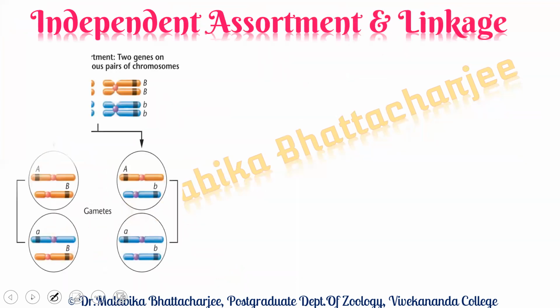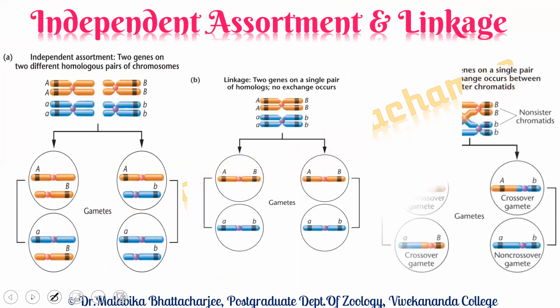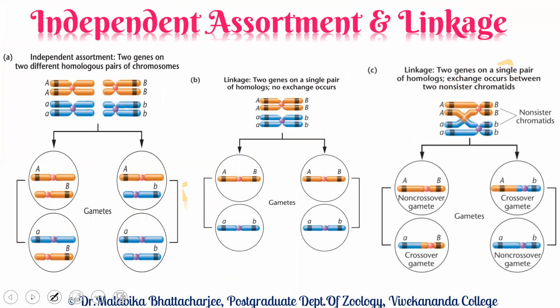So this is a slide showing you a comparative analysis of the 3 pictures. In the case of independent assortment, the 2 gene pairs are on different chromosomes. In case of linkage, where I exhibited a case of complete linkage and incomplete linkage, the 2 genes concerned are present in coupling on the same chromosome. In case of both independent assortment and incomplete linkage, we get 4 categories of gametes.